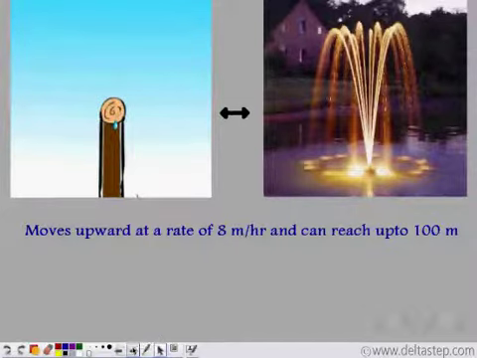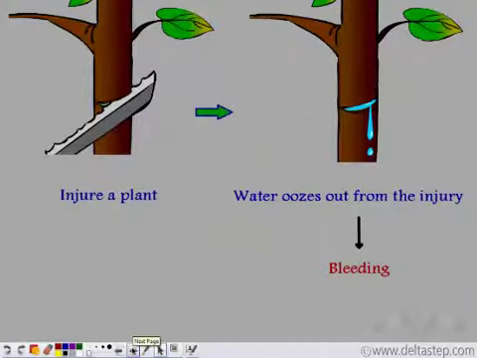This upward movement of the sap can take place at a rate of 8 meters per hour and can reach up to a maximum height of 100 meters. Now, if you injure a plant, that is, if you cut its stem from midway, then you will see that a water-like fluid oozes out.